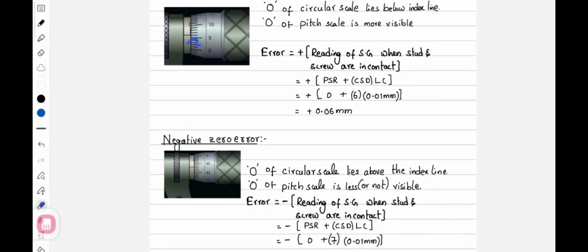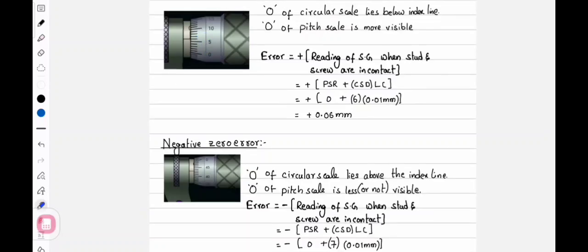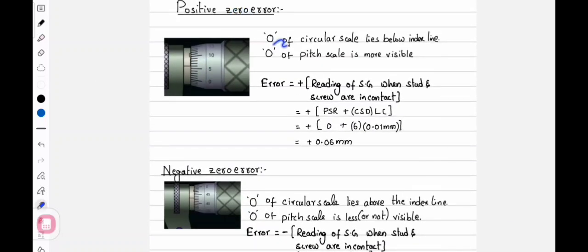If these two conditions are satisfied, then it is said to be positive zero error. So 0 of circular scale lies below the index line. This is the index line, this is 0, lies below. And 0 of pitch scale is more visible compared to earlier, correct? So that is positive error.